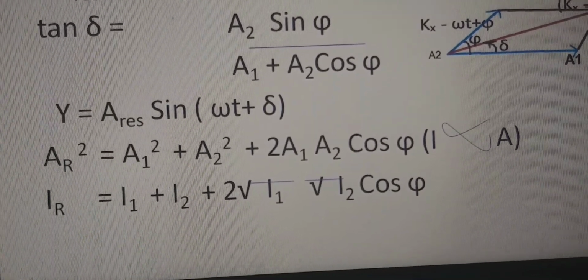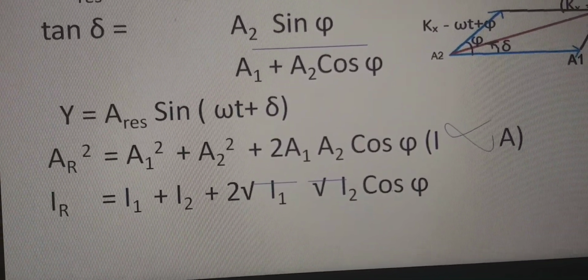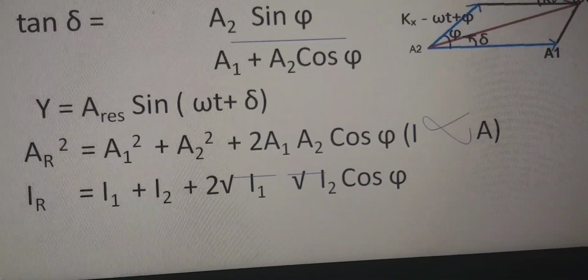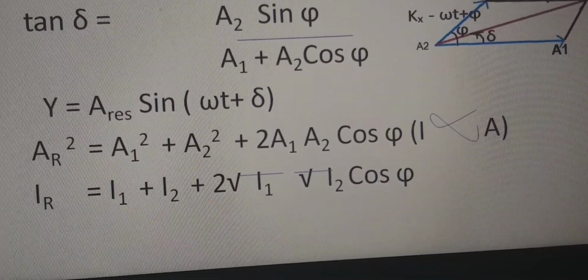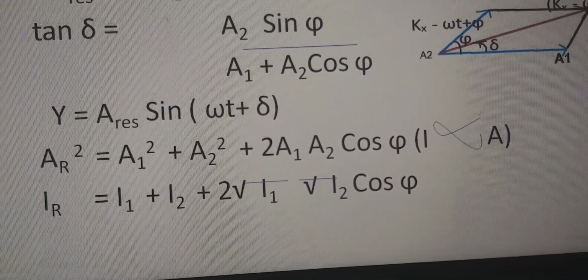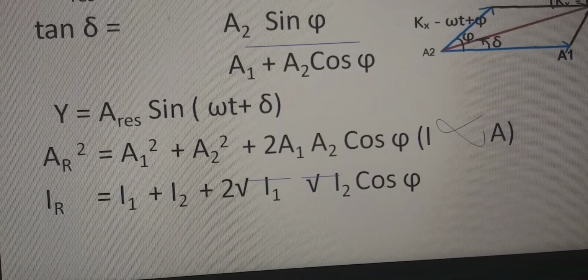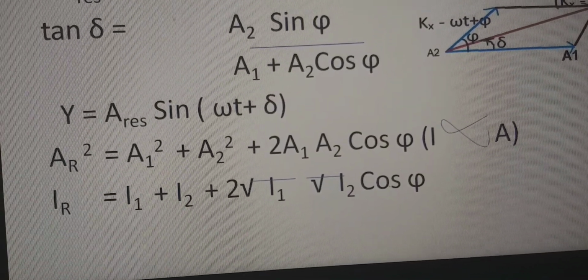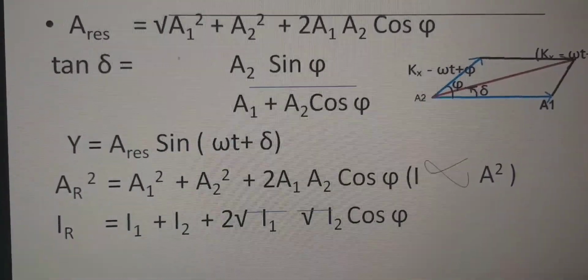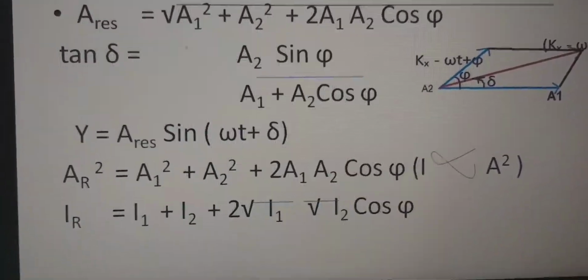So resultant intensity is equal to I1 plus I2 plus... I'm so sorry, intensity is directly proportional to amplitude square. So that's why in place of amplitude square, IR will be written. I is directly proportional to A square.